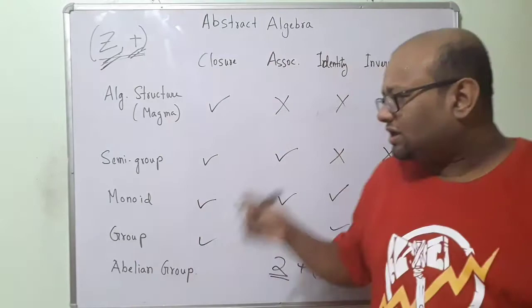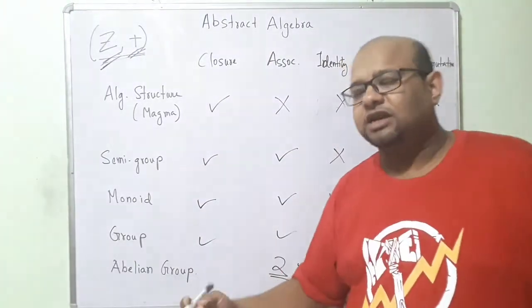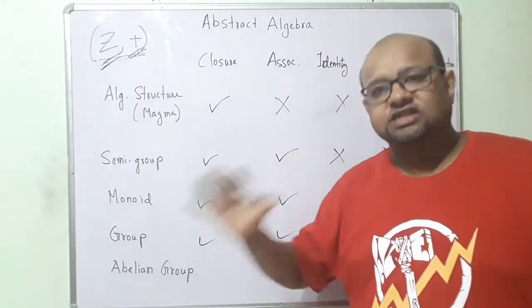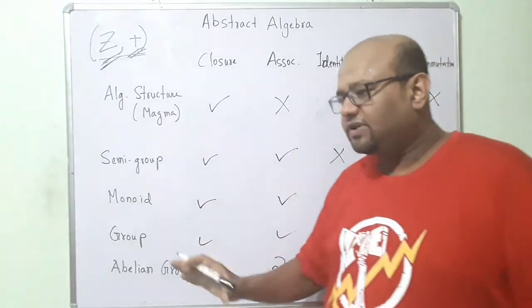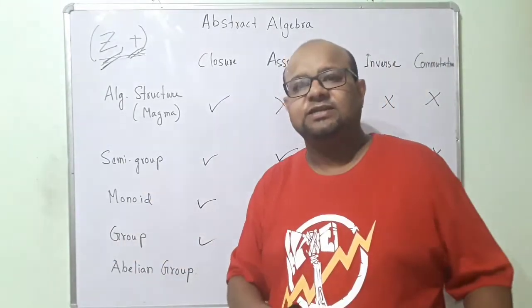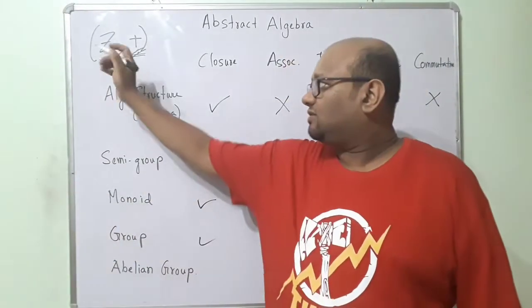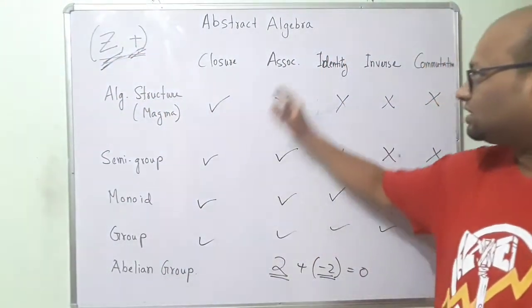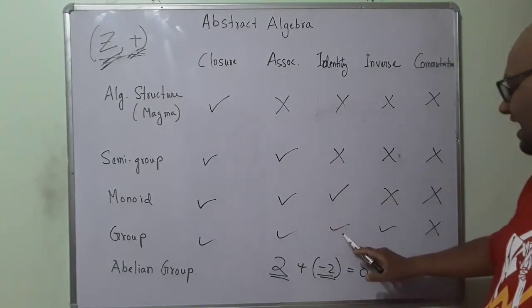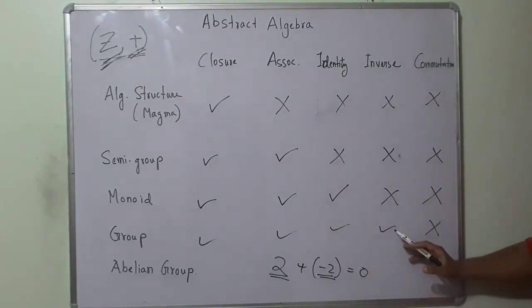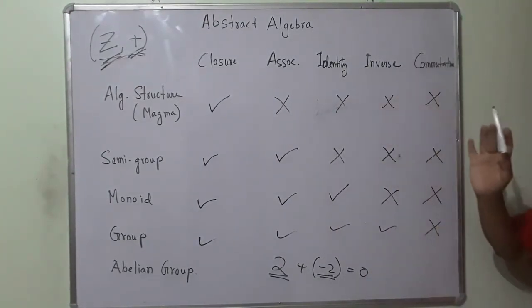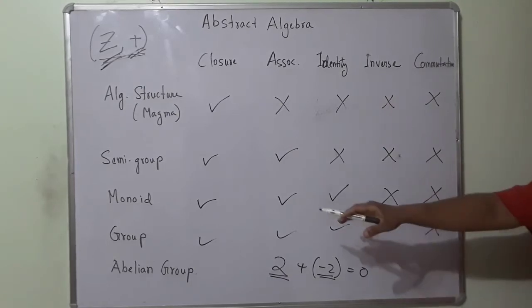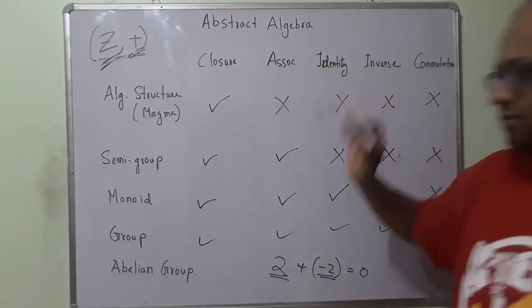Okay, so the additive inverse of every element in Z does belong to Z. So every integer's additive inverse is an integer. Okay, so this is closed, is associative, the identity exists, and the inverse exists. Okay, so this is an example of a group.